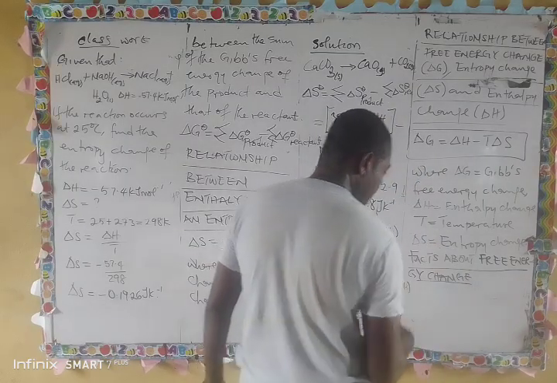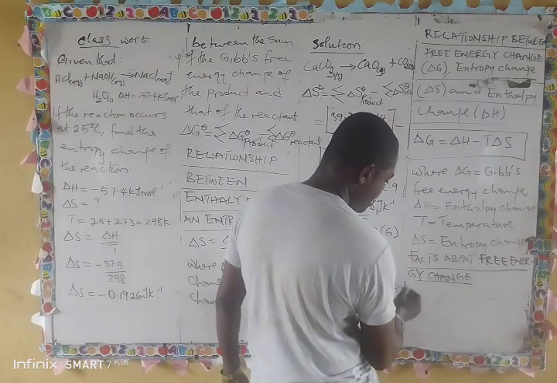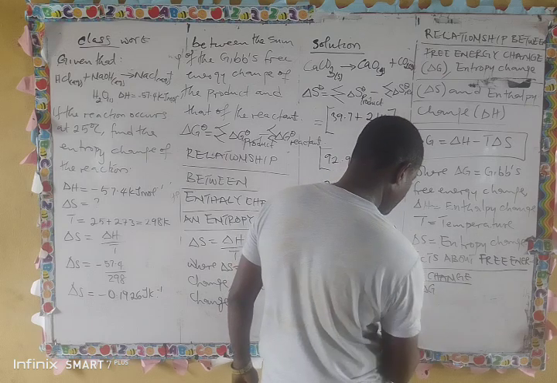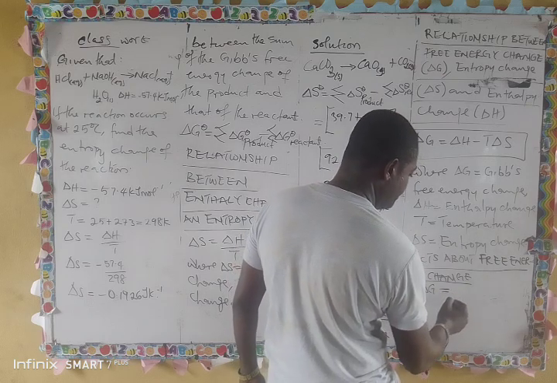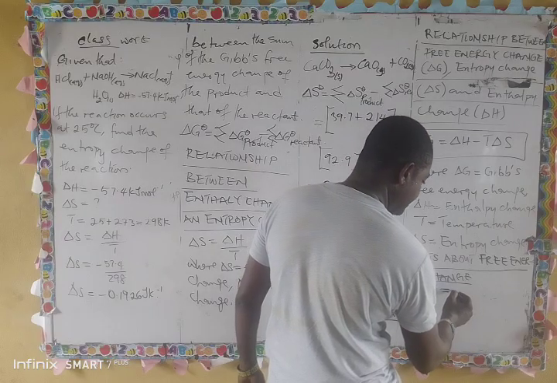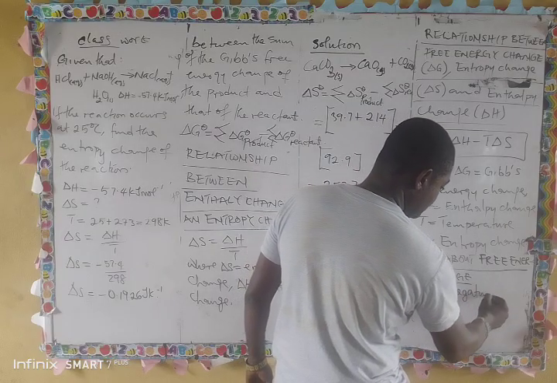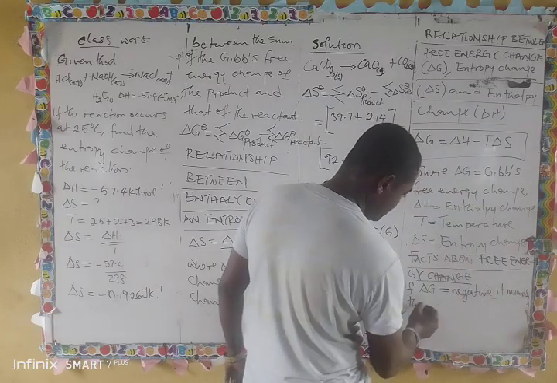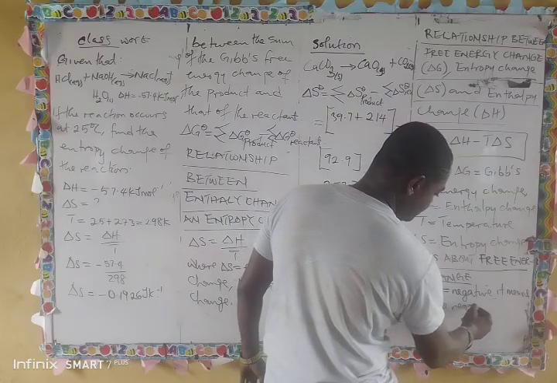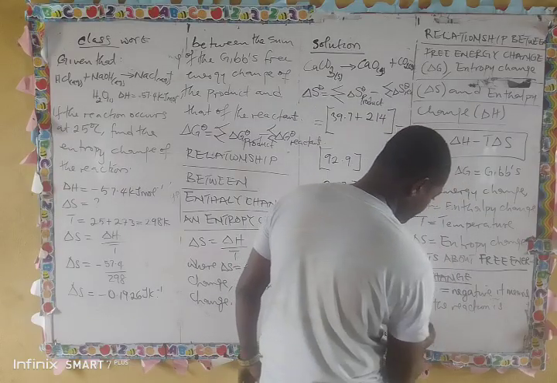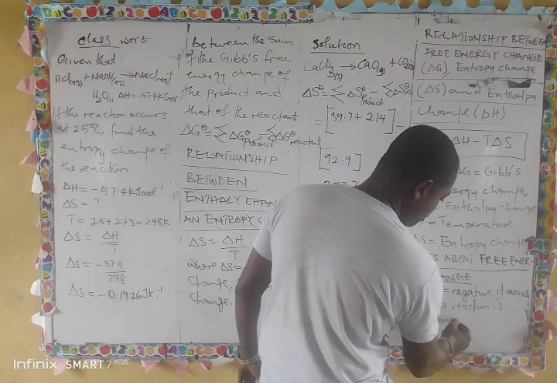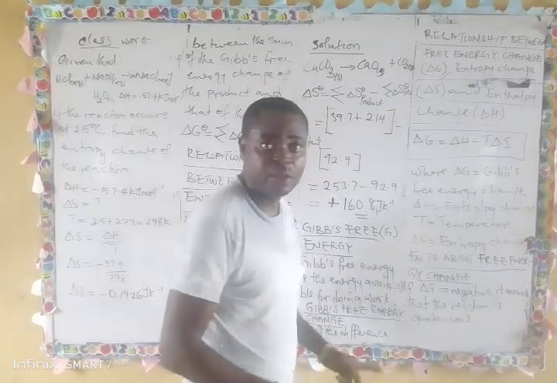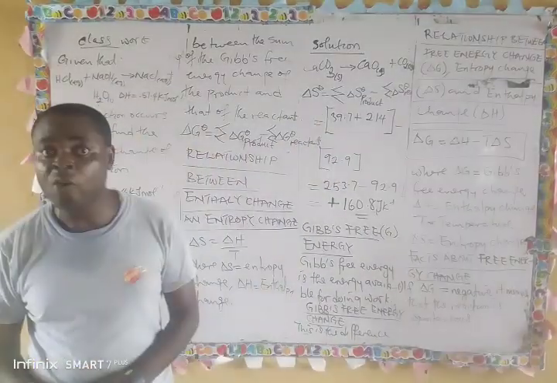Number one: if delta G is negative, it means that the reaction is spontaneous. Take note too: after getting your answer for delta G, it must be negative. For when it is negative, it means no work is done.